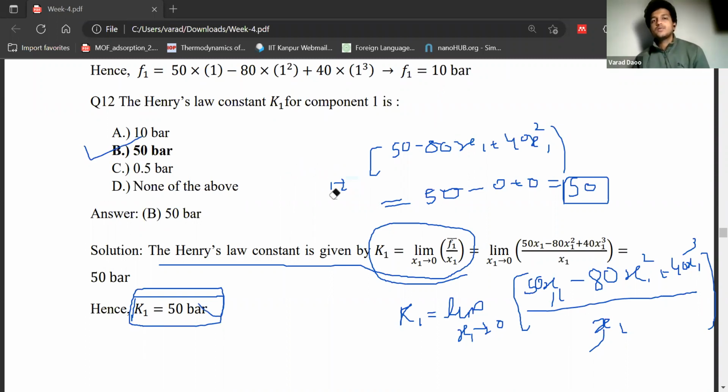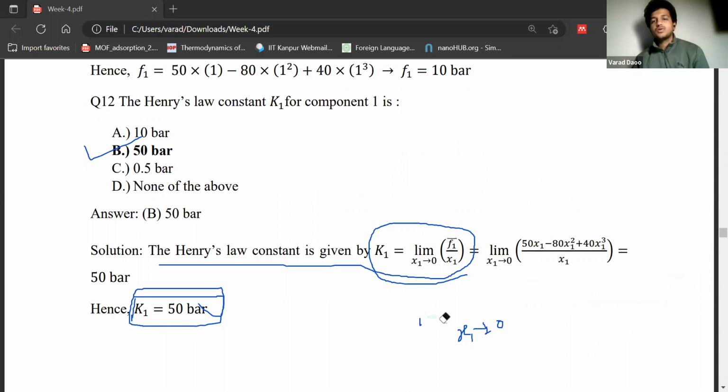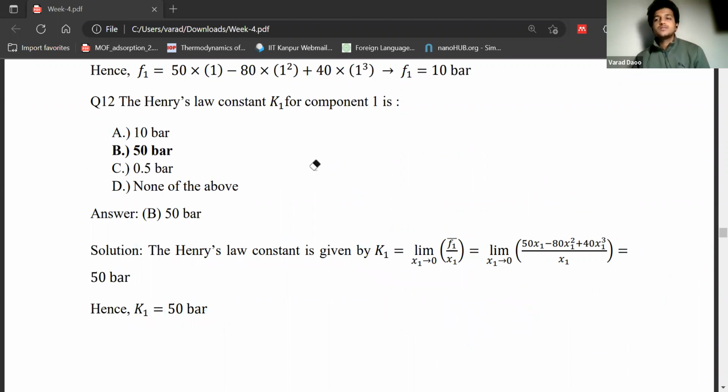I hope the solution is clear to everyone. If anybody has any doubt, they can ask. And in the meantime, if anybody would like to write this down, they can. I'll give you a couple of minutes.